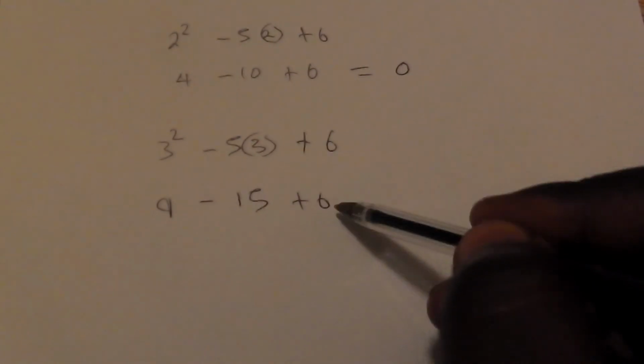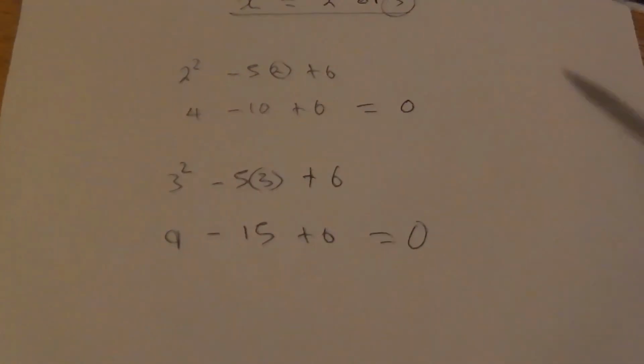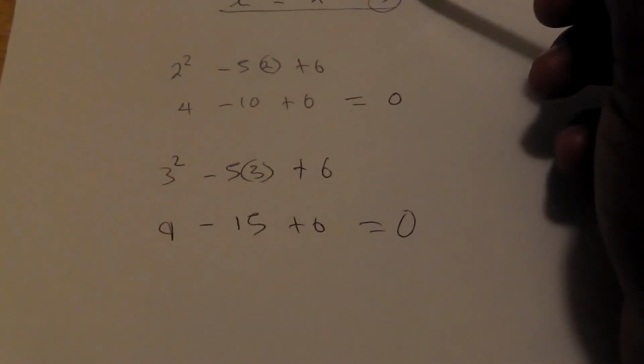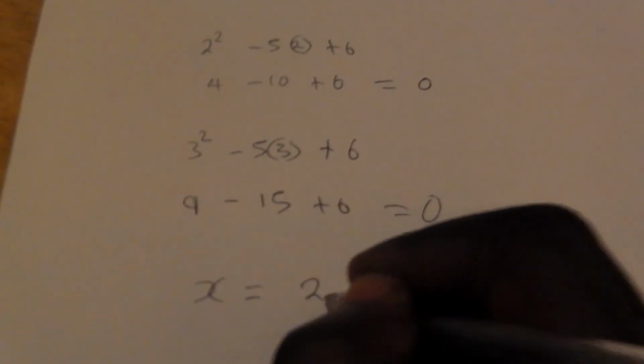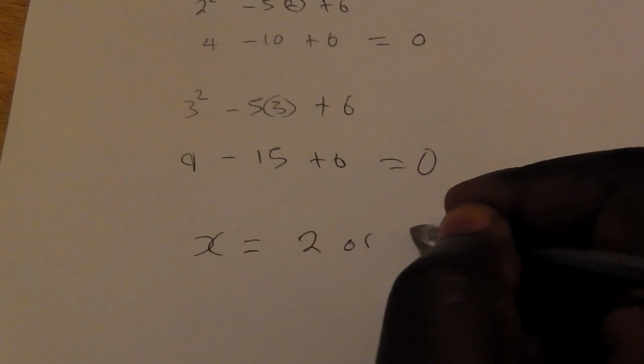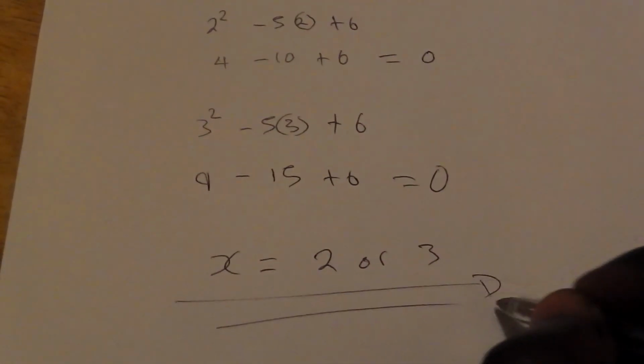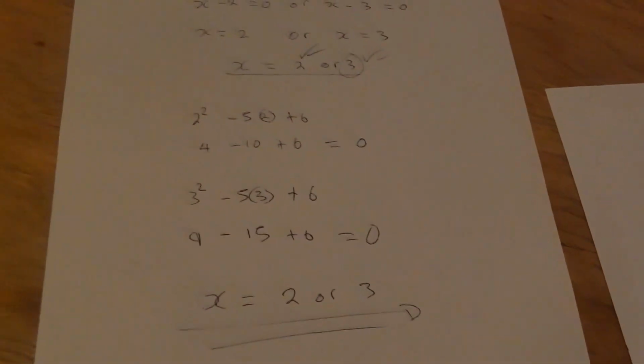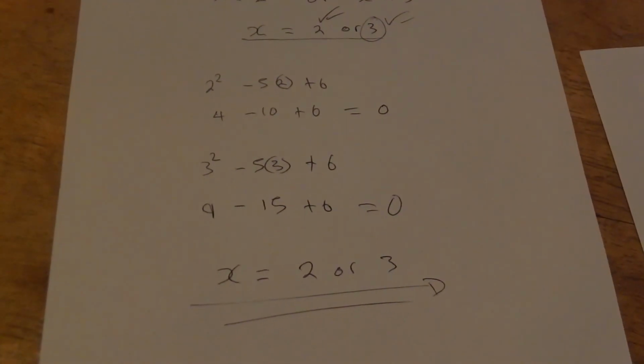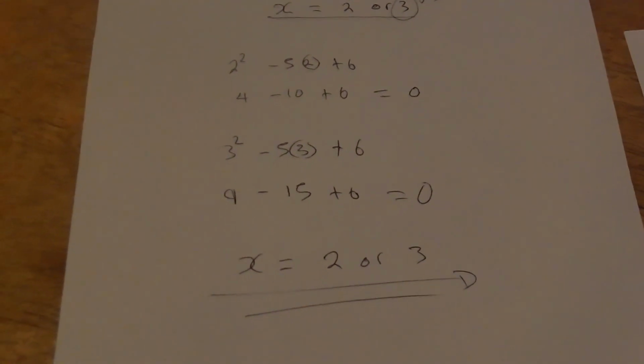If you say 9 minus 15 plus 6, you get 0. So it means our root 3 is correct. So our x is equal to 2 or 3. Okay, so this is how to solve quadratic equations using factorization.